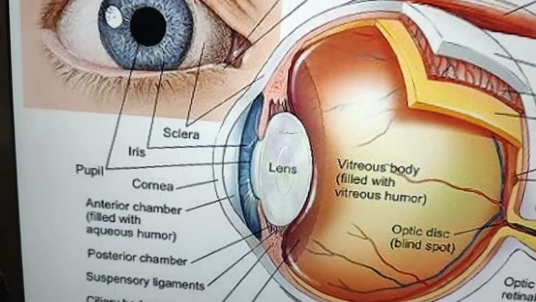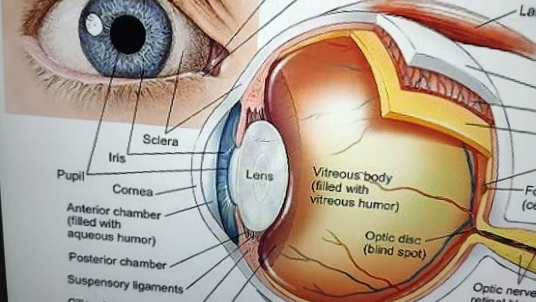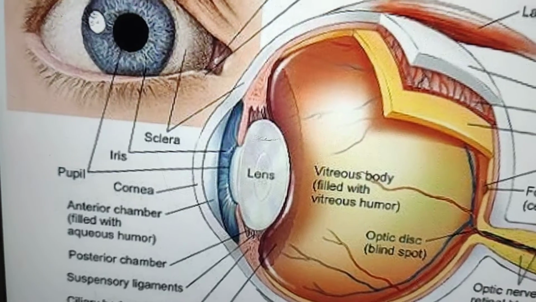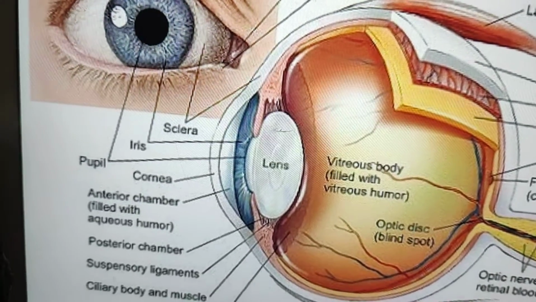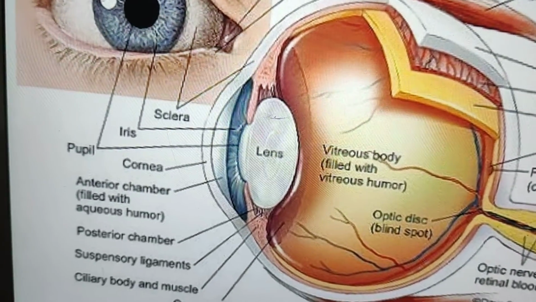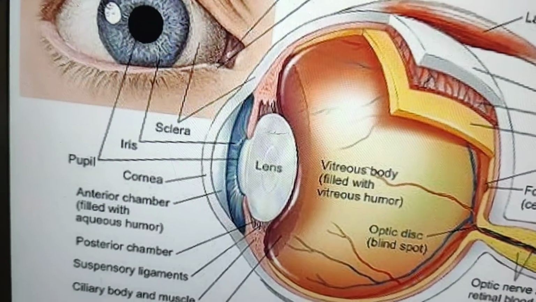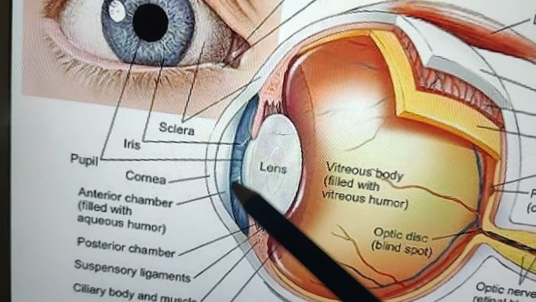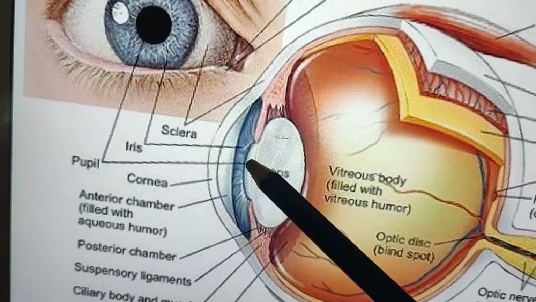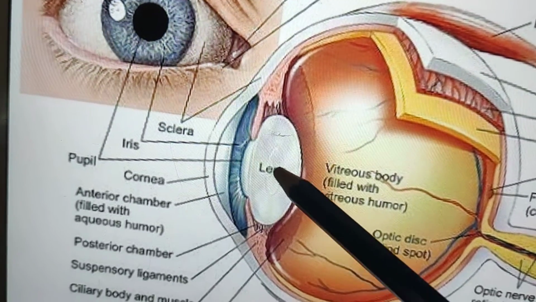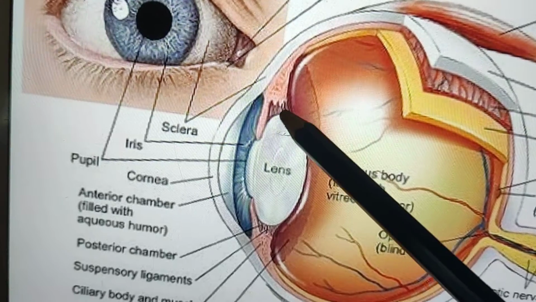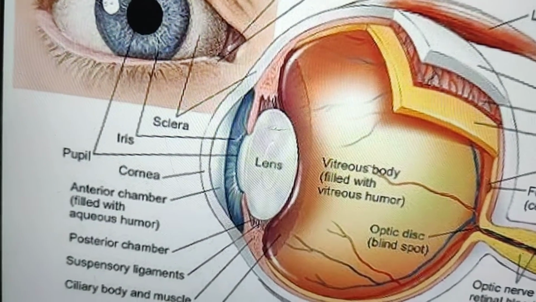Biconvex, that means দ্বি-উত্তল lens. দ্বি-উত্তল বলতে এটা কিছুটা মোচা, কলার মোচার মতো দেখতে, শেপটা ওরকমই লেন্সের। And it situated behind the pupil. Pupil-এর ঠিক পেছনেই আছে lens.